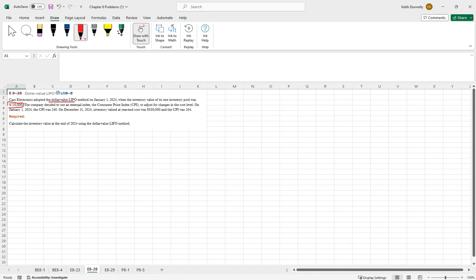The company decided to use the CPI to adjust for changes in cost level. On January 1st, 2024, the beginning of the year, the CPI was 240. On December 31st, one year later, ending inventory was 880 and CPI was 264.